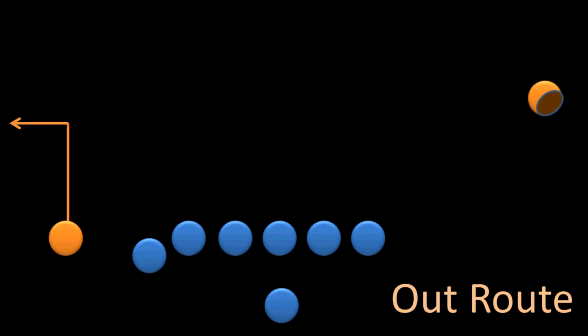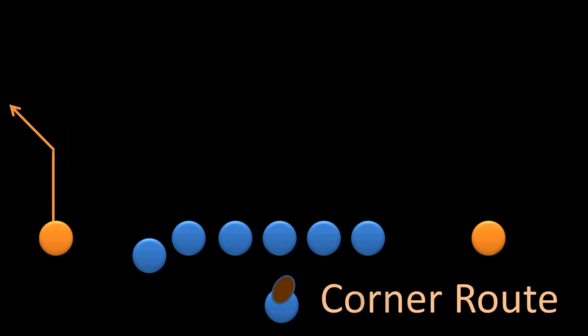The next two are also similar. The first one is the corner route, and the corner we are talking about here is the corner of the end zone. So this is when the receiver runs forward and then runs at an angle toward the sidelines. This one is more of a quick corner route because the angle is smaller, as opposed to this one, where the receiver would have more of an angle.